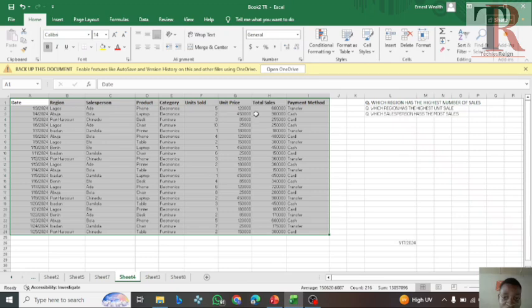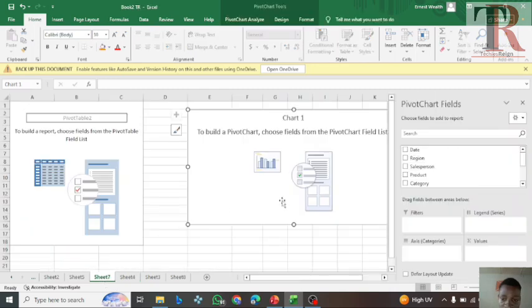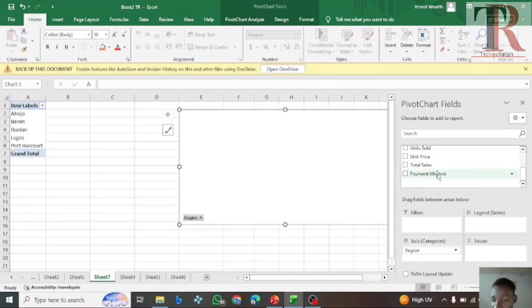To find the region with the highest number of sales, come over here to our pivot chart table. Region, put it in your axis. We have our region in our axis. Look, this table is very similar to the pivot table, but this table is used to create these charts.